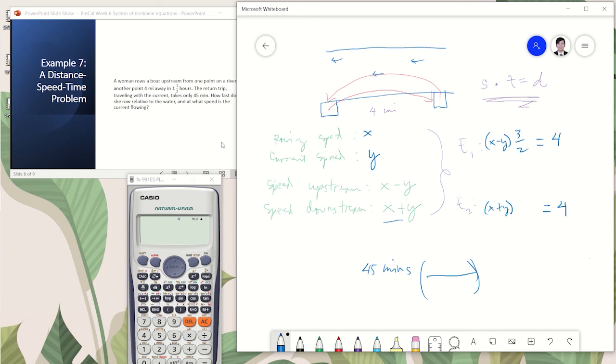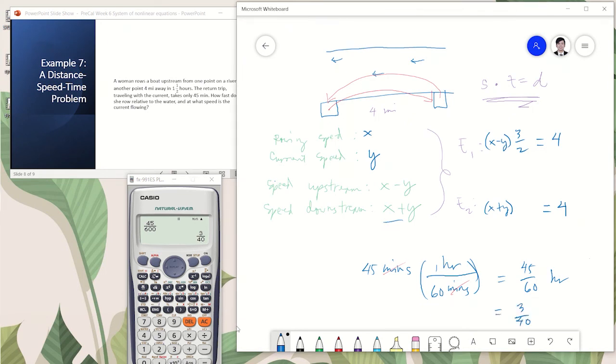there are 60 minutes in 1 hour. So we put the 60 minutes in the denominator, 1 hour in the numerator. Then we cancel out the minutes. So you will get 45 over 60 hour. So just simplify 45 over 60.